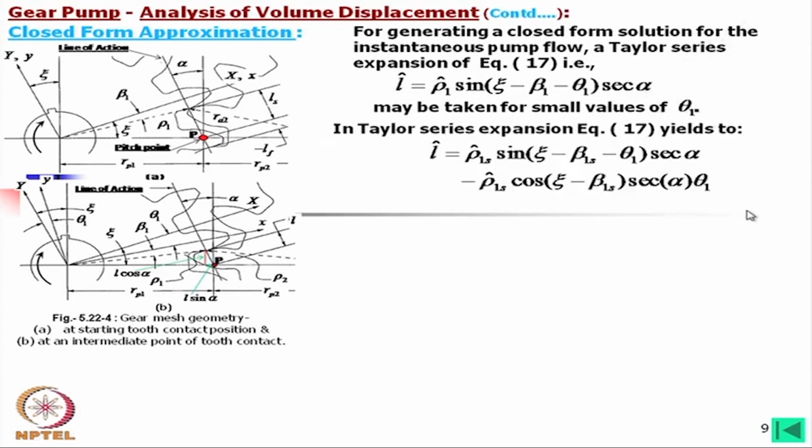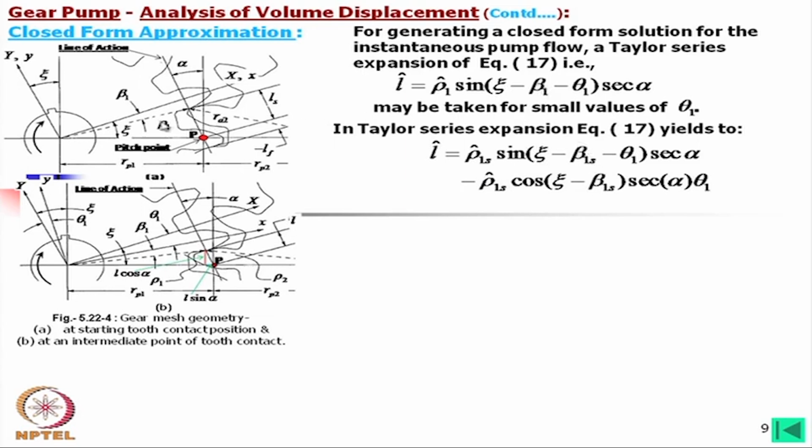Then in Taylor series expansion, we can express this instantaneous length of contact in this form, where rho 1 s is the initial rho 1, that is at the starting point, s means the starting point, and as well because this angle is fixed, it is not varying.